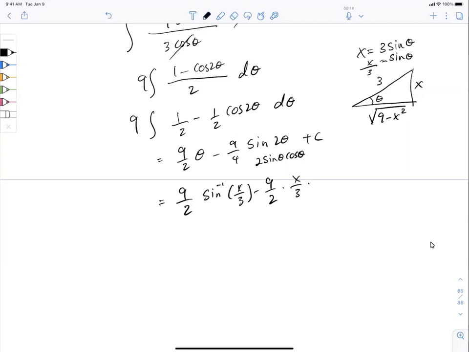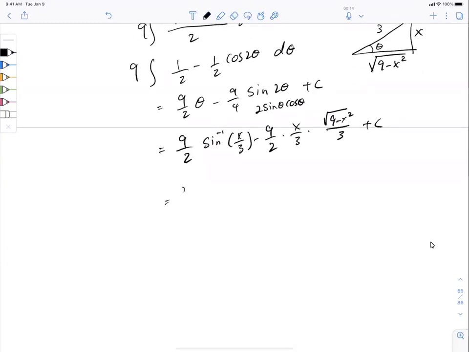Cosine theta is the square root of 9 minus x squared over 3. So that would be your antiderivative.